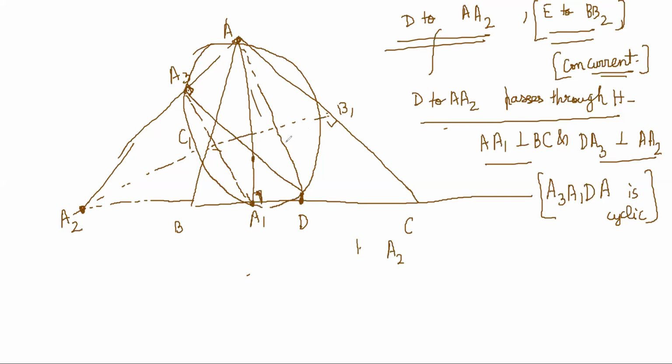That is also power, no? Wait, C1 is on the circle. Wait. A2A1 into A2D. A2A1 into A2D is a power.